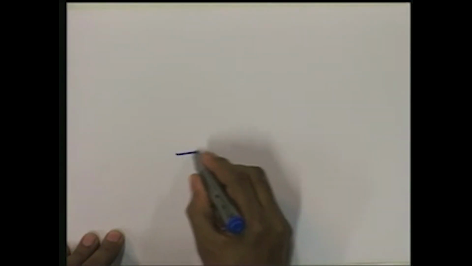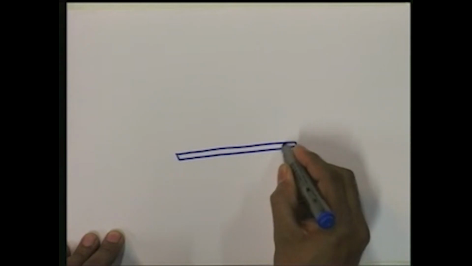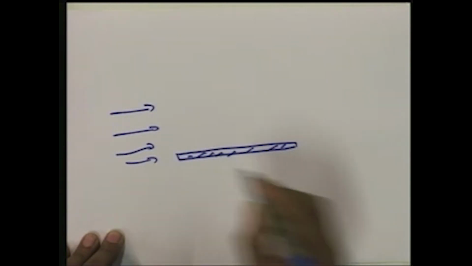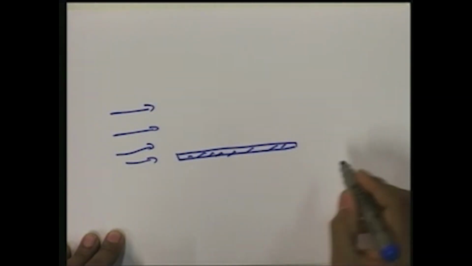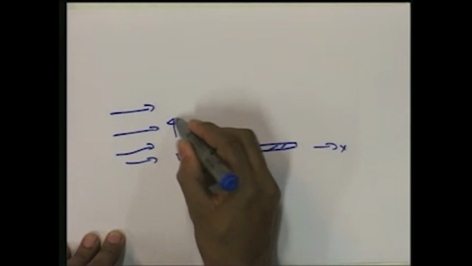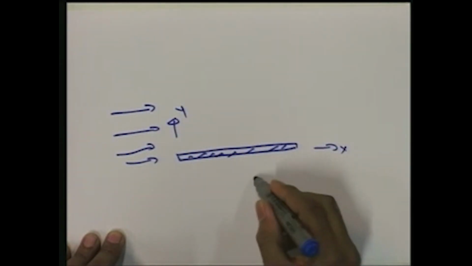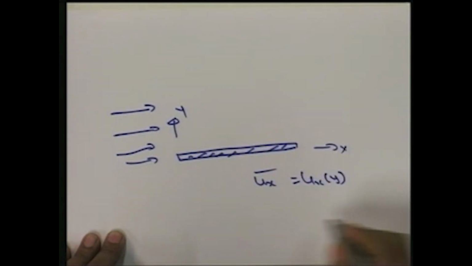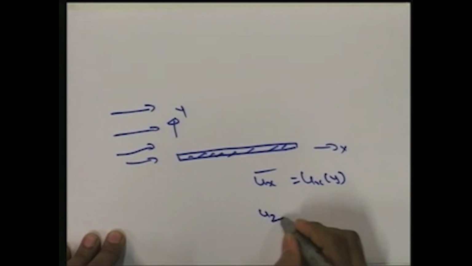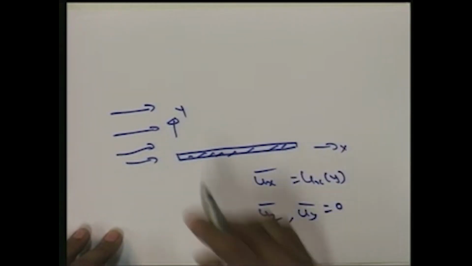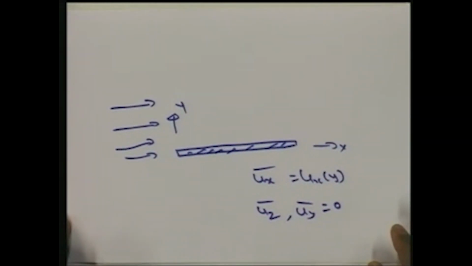In the parallel flow case, for example, if you consider a plate like this, with x direction and y direction, the variation is only with respect to u_x and y, and the other components, like the z component and the y component, are 0.